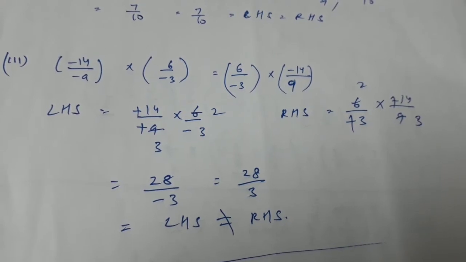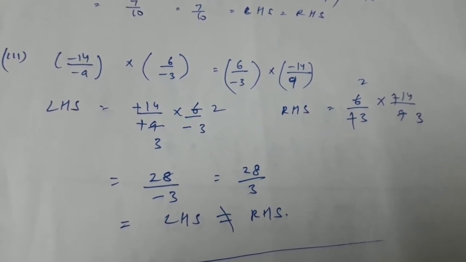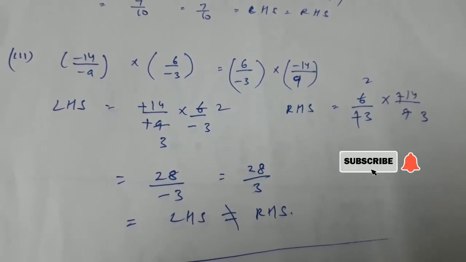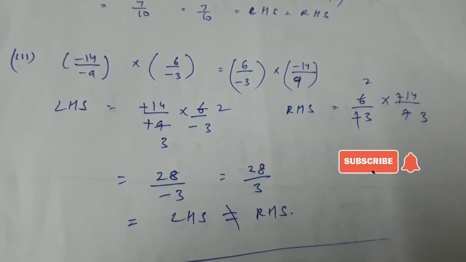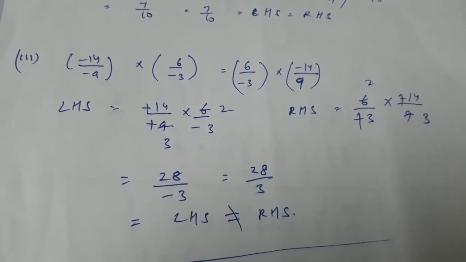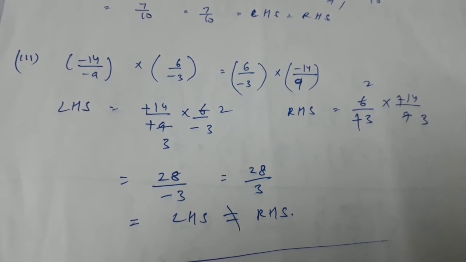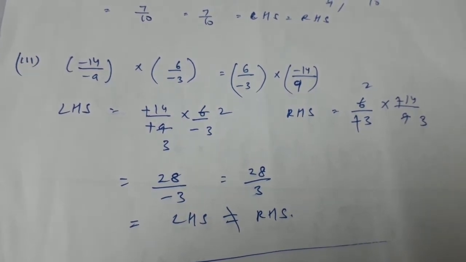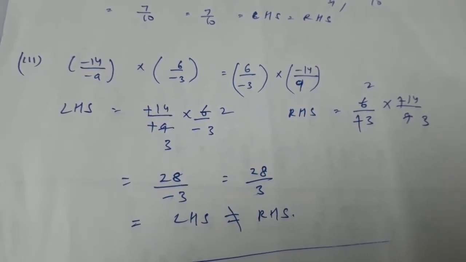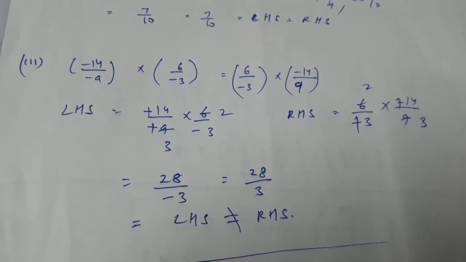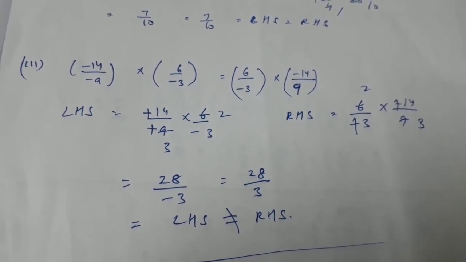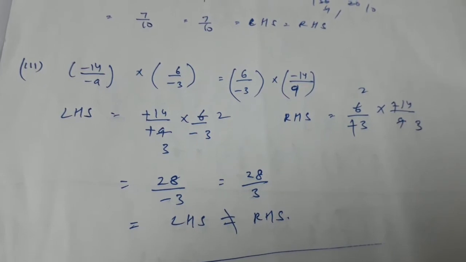After cancellation, the answer would be 28 by 3. As we can see that on the left hand side, the negative number is there, but on the right hand side there is no negative number. So here in the third part, the commutative property of multiplication is not satisfied.